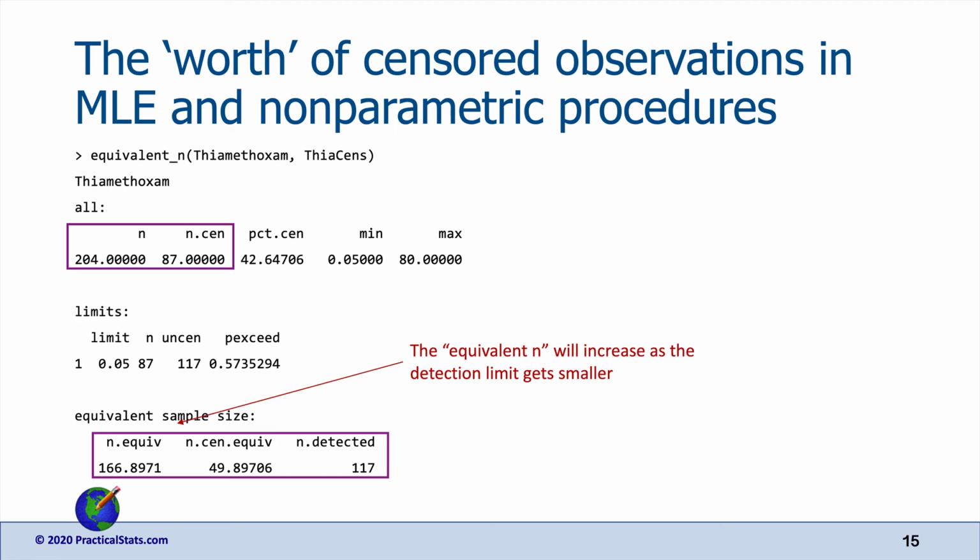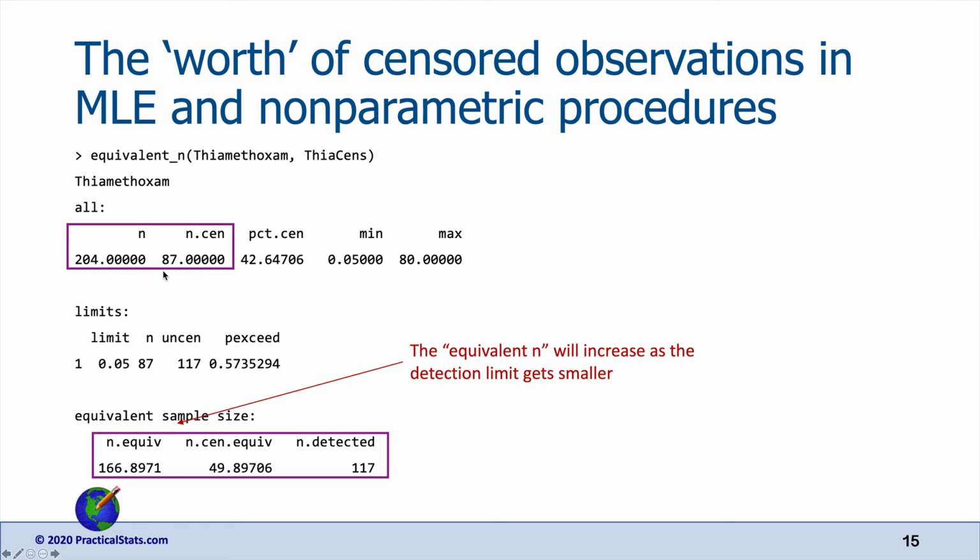What's my sample size for this data set? Overall, there were 204 observations. 87 of those were less than a detection limit, and I believe there was only one detection limit here at 0.05. The number of detected then is simply 117. You can compute, based on the percentiles of the detection limit, the equivalent number of observations in those censored data.